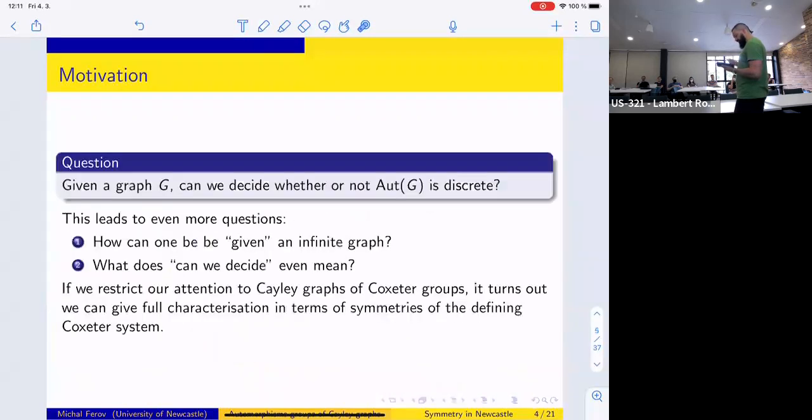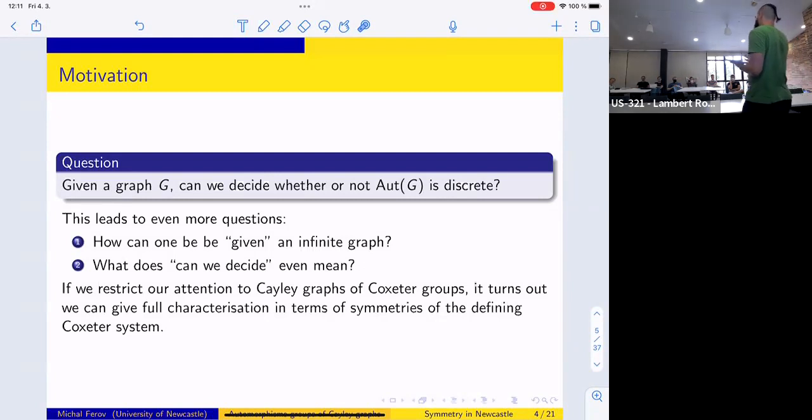So this links us to a natural question. If you give me a graph, can I decide whether or not the group of automorphisms of that graph is discrete? And this is an ill-formed question to start with, because how does one give an infinite graph that requires an infinite amount of information to be passed on?